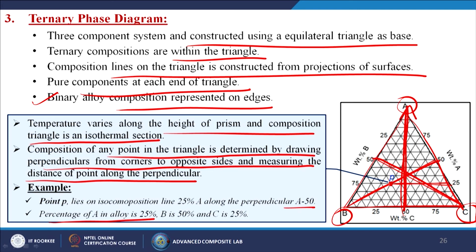So how are we going to calculate the percentage of B? That is B, and what is C? C is also 25%. So we are getting A percentage is 25%, B is 50 and C is 25%.